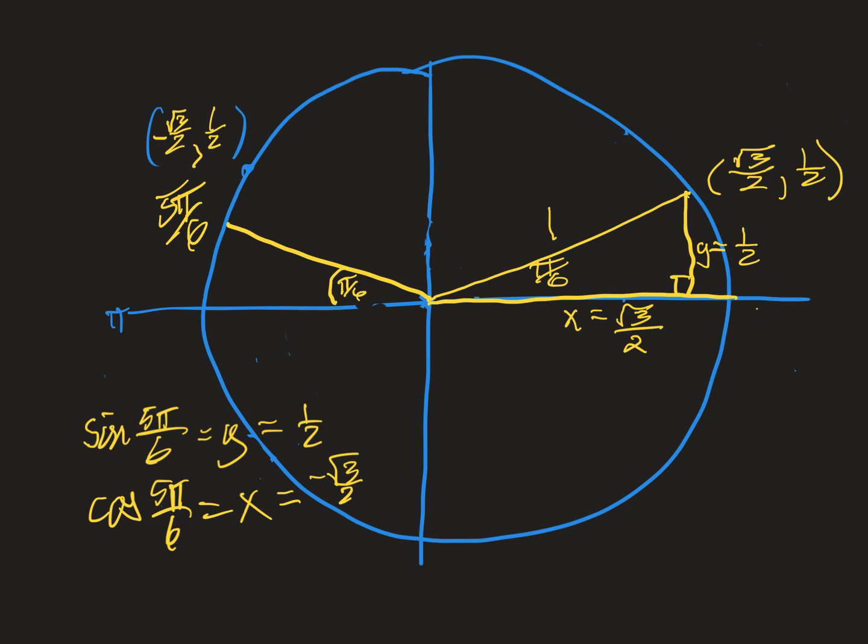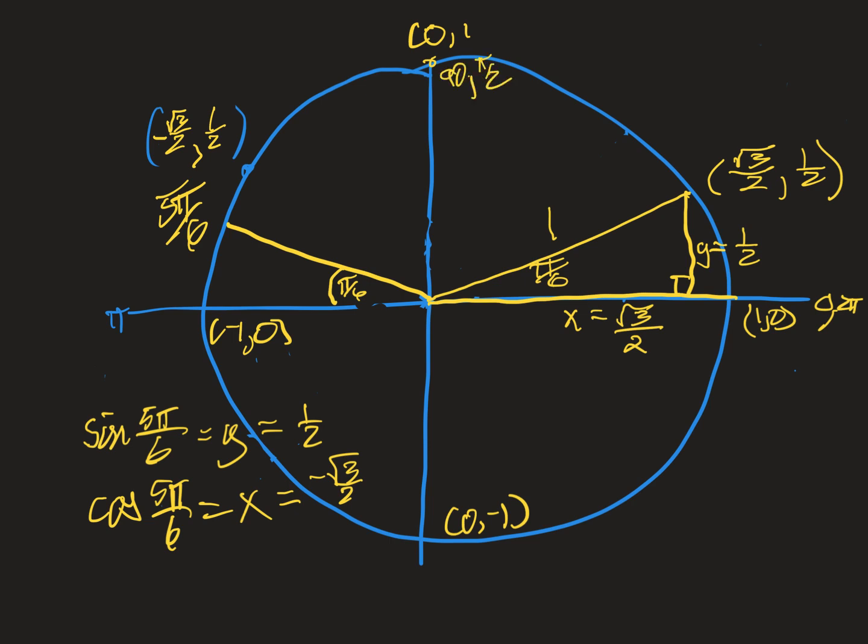Now, there are a couple of special angles we should at least talk about briefly: the special angles at the points (1, 0), (0, 1), (-1, 0), and (0, -1). If you remember, the angles there are 0 or 2 pi here, and this angle up here is 90 or pi over 2.